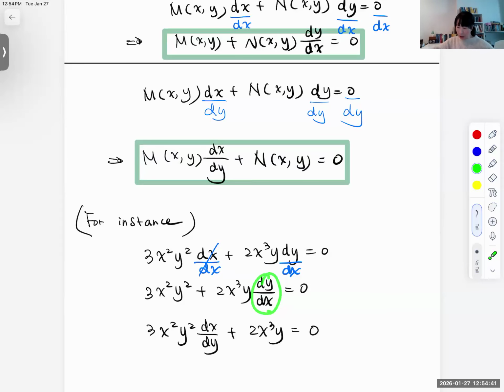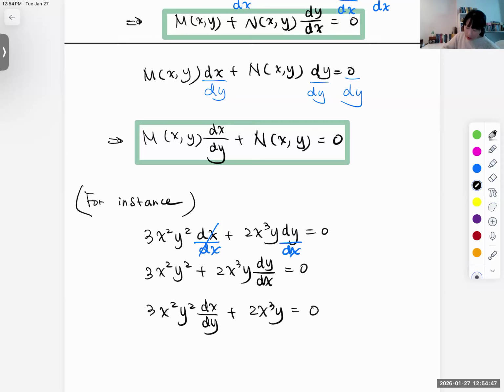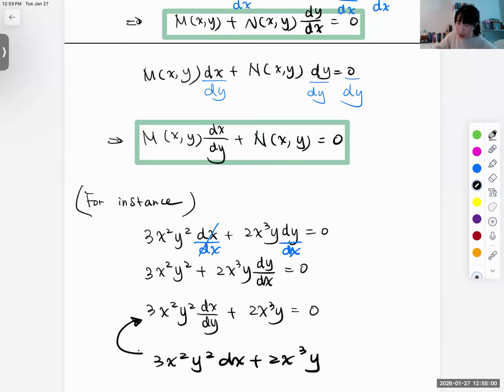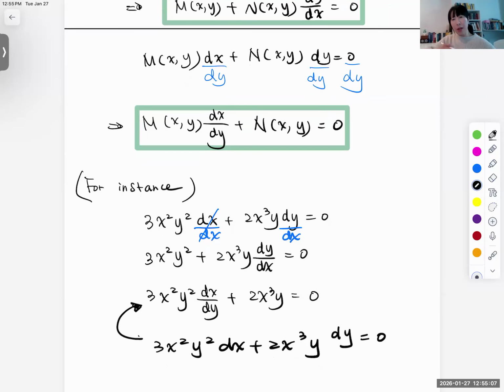Then from the original equation, we have 3x squared y squared dx plus 2x to the third power y dy equal to 0, right? Now we want to divide by dy every term.